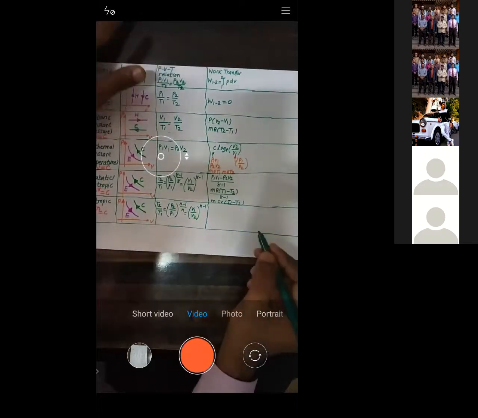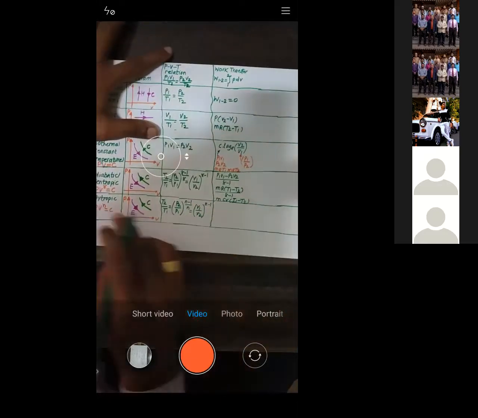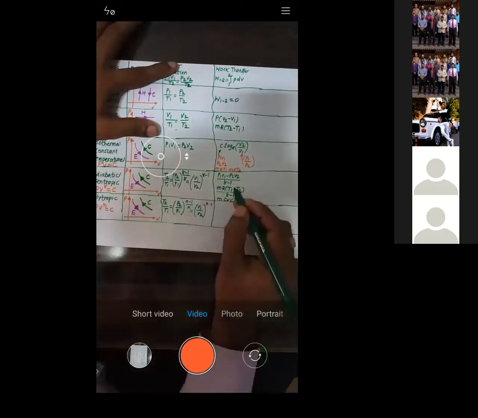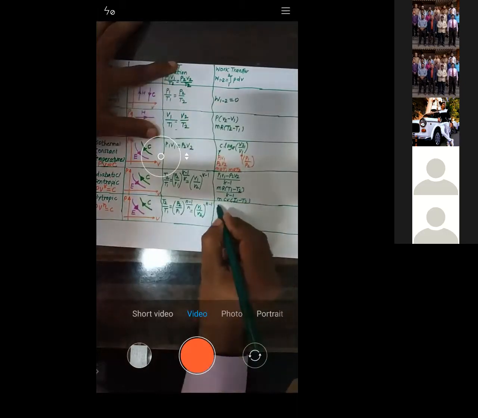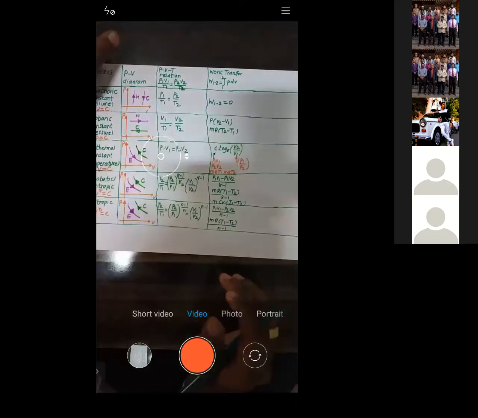You can check it. Now for a polytropic process, I just replace gamma by n. So see what I'm doing: P1 V1 minus P2 V2 upon n minus 1, or MR (T1 minus T2) upon n minus 1. See, I'm just summarizing in the form of a table. I remember those formulas; that is the reason why I'm able to write it down.